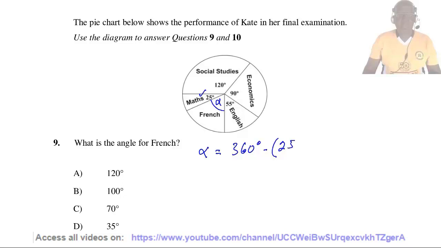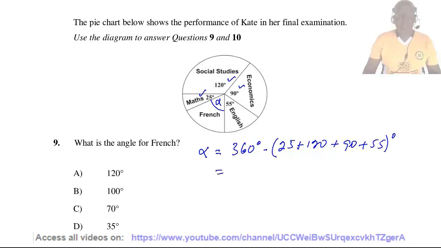(25 degrees plus 120 degrees plus 90 degrees plus 55 degrees).